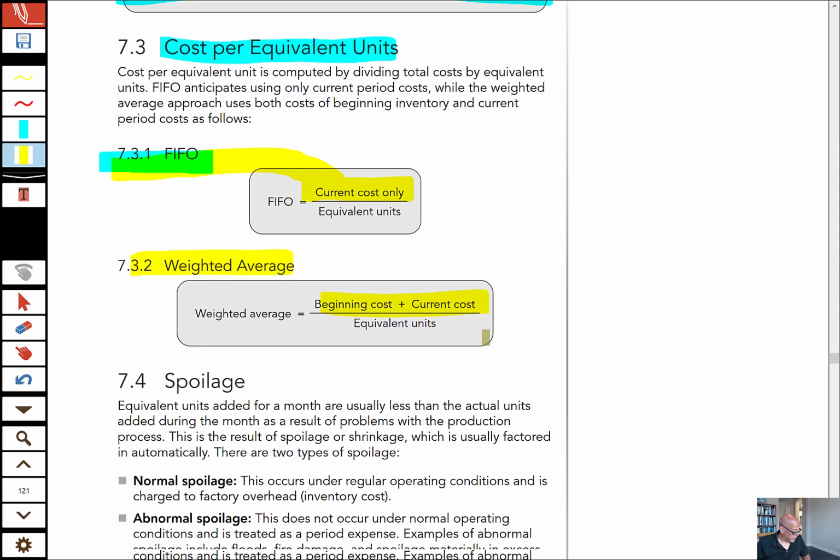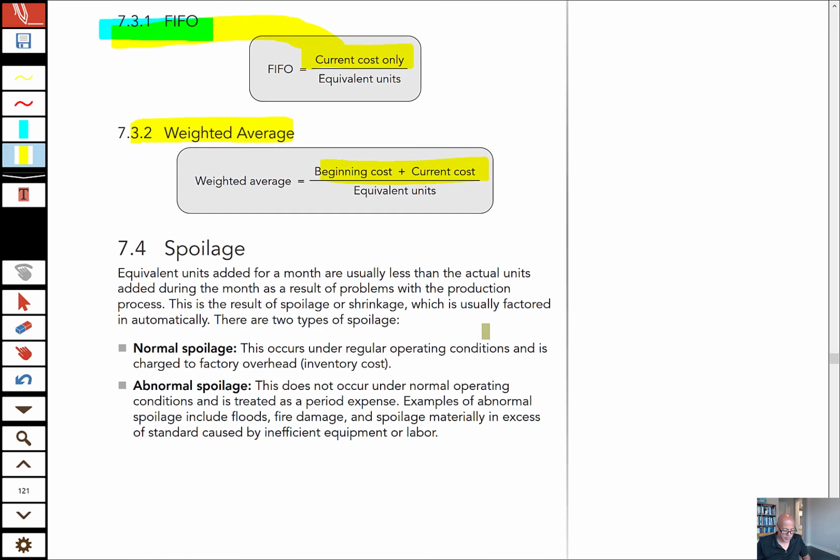All right, good. Just a quick thing, because I want to quickly get to the questions we have to practice with, while it's still in our head how we do this. But let's take a look at normal versus abnormal spoilage. Basically, normal spoilage is part of our factory overhead, so it's charged to our inventory. It's a product cost.